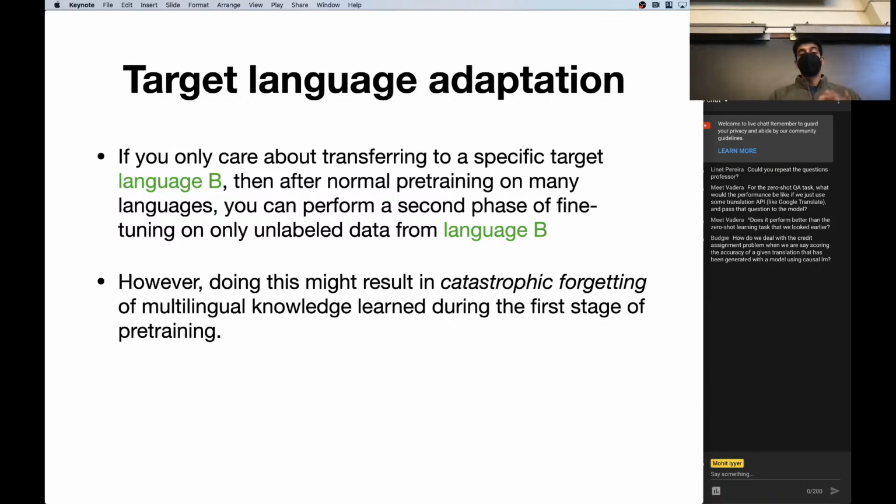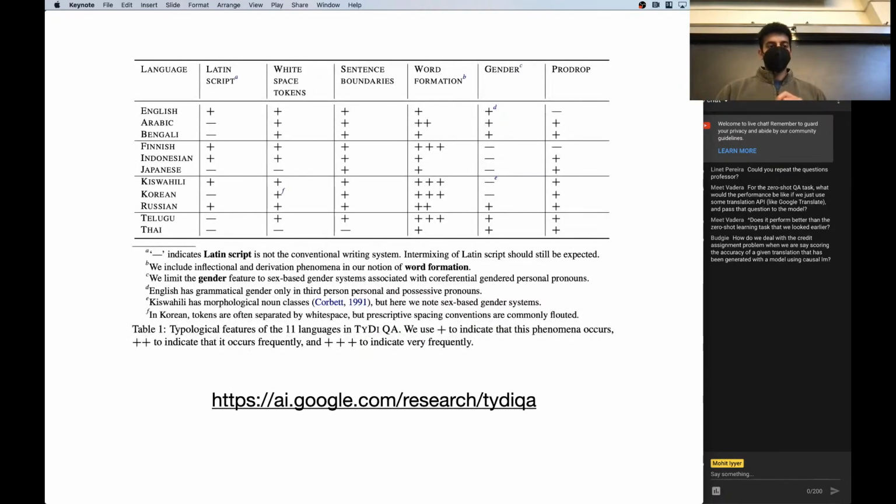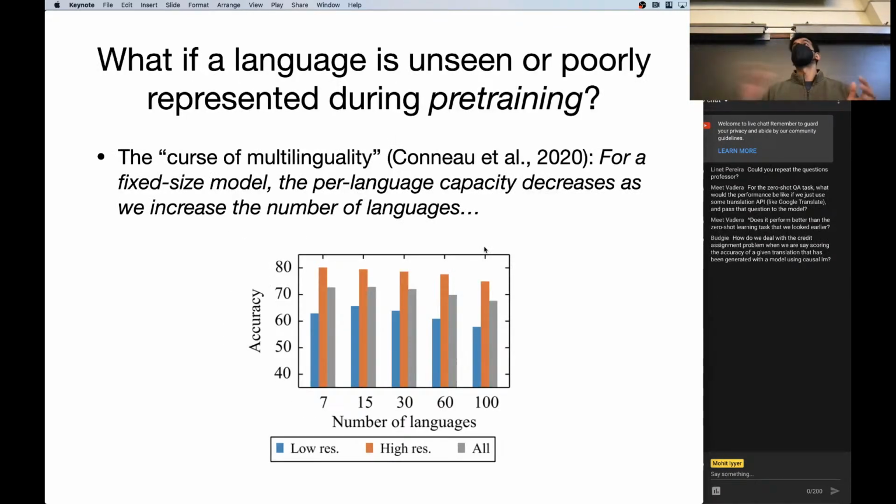So for example, let's say I wanted to solve sentiment analysis in, I don't know, Korean. I'm going to train my model on 100 different languages. Then I'm just going to continue pre-training, but I'm only going to do Korean.